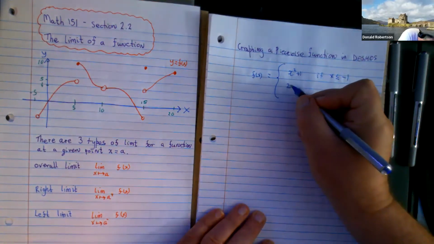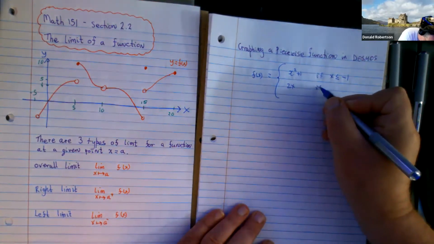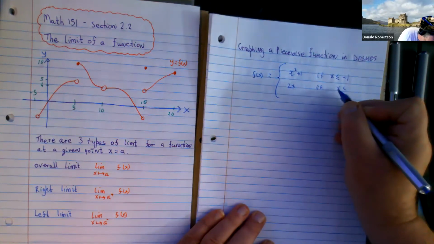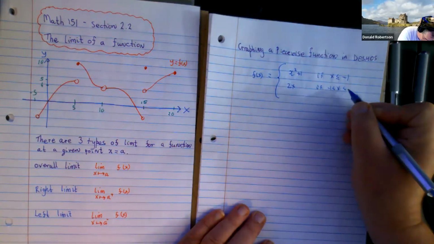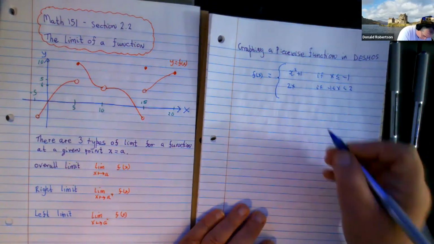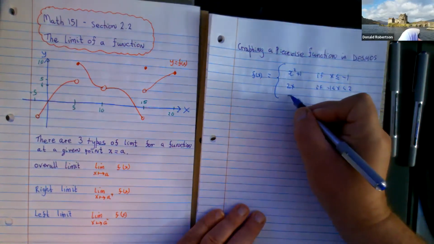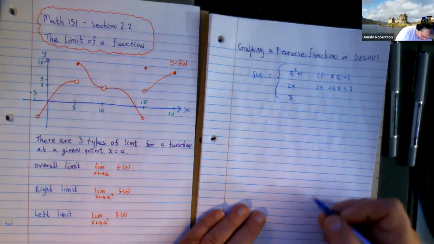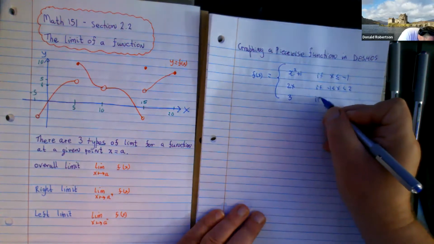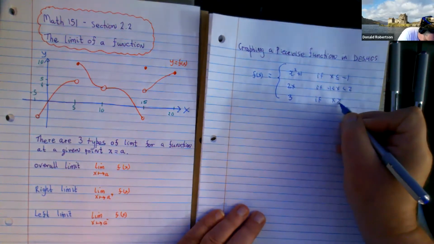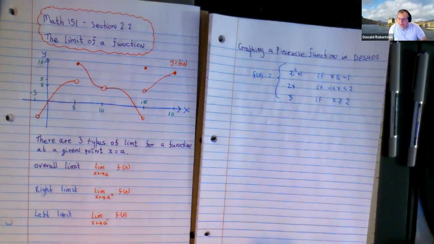It's going to be 2x if x is between -1 and 2. And it's going to be just 3, so it's a constant value, if x is greater than or equal to 2. So that's probably one of the more complicated piecewise functions.